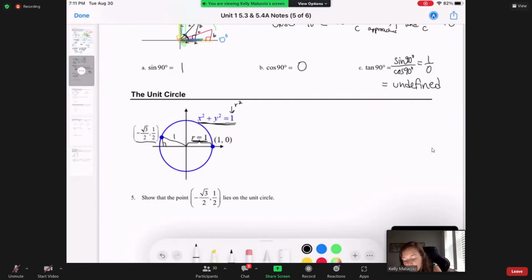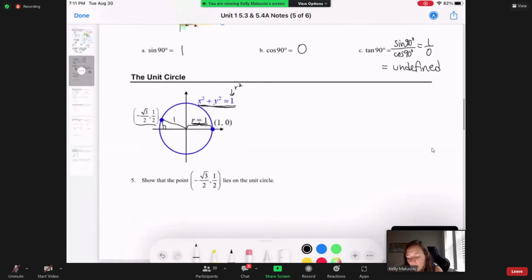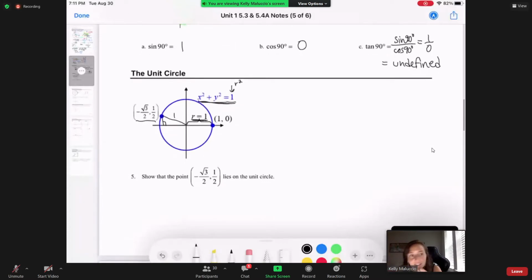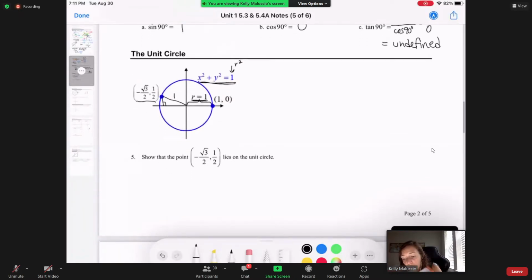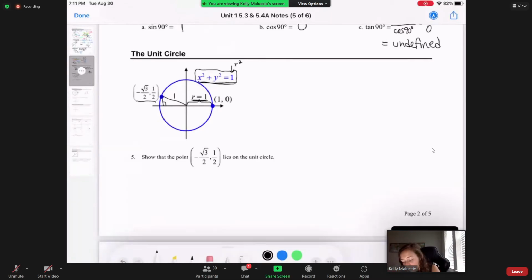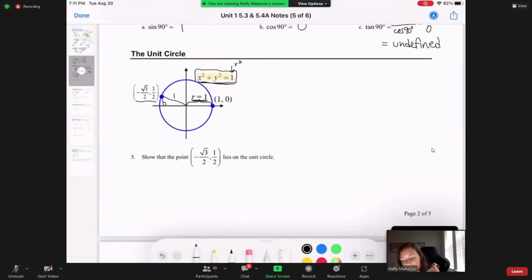So number 5 says, show that the point negative square root of 3 over 2, comma 1/2 lies on the unit circle. To show this, we are going to use this formula. This is our x, this is our y, x, comma y.